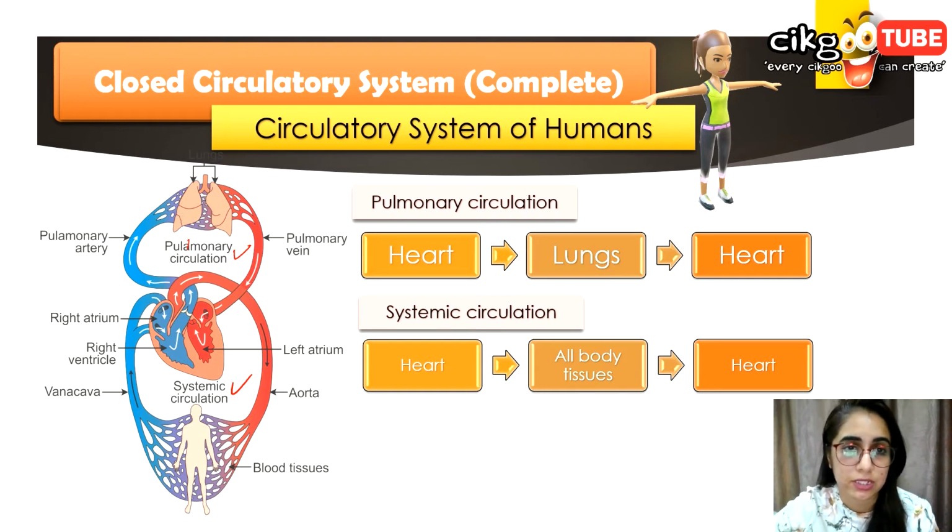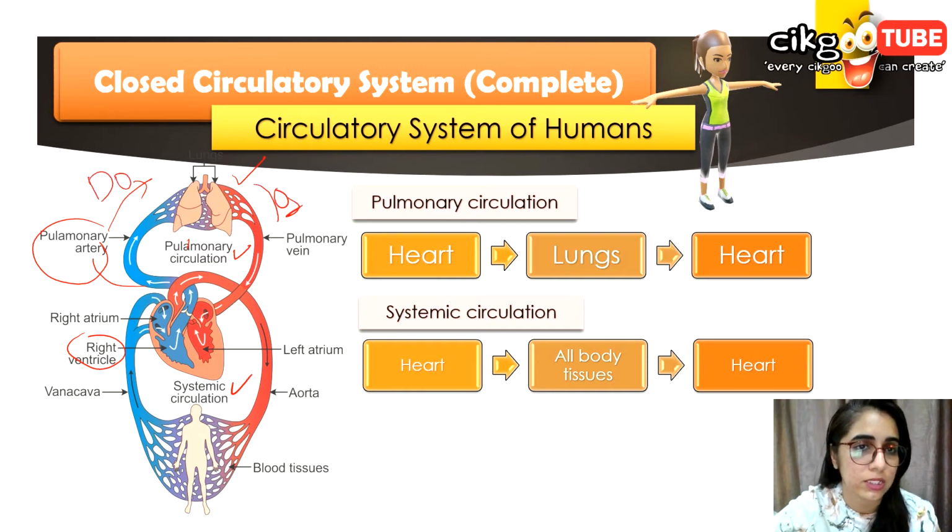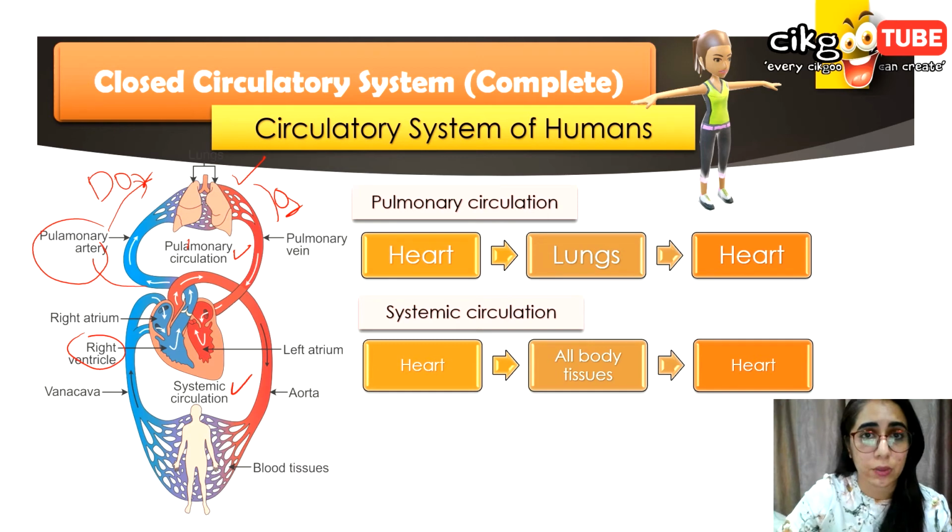Pulmonary circulation happens from the right ventricle. The deoxygenated blood will be transported through the pulmonary artery to the lungs, and then gas exchange happens in the lungs, and the oxygenated blood will then return to the heart through the pulmonary vein.